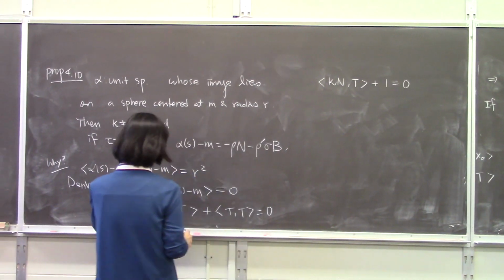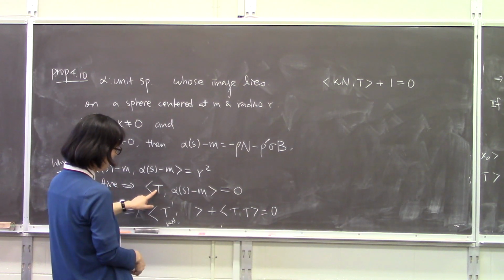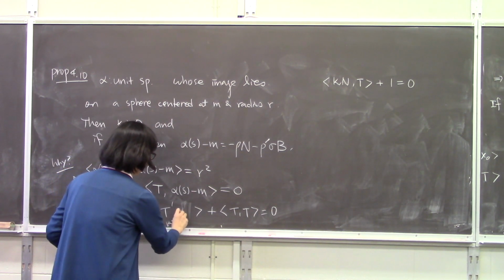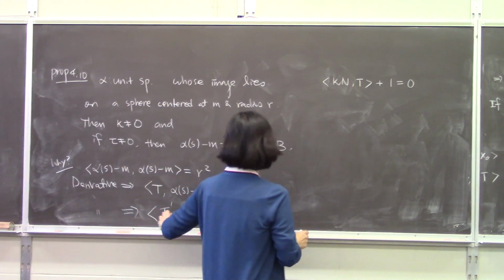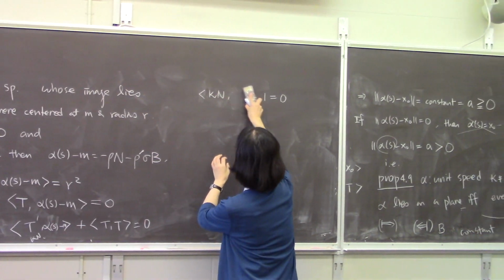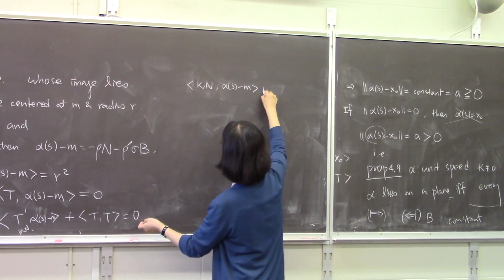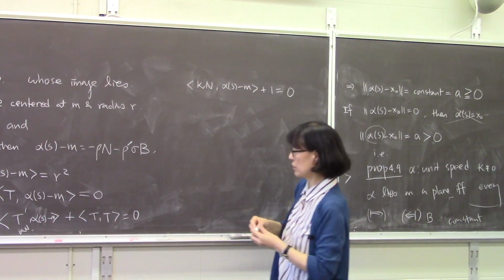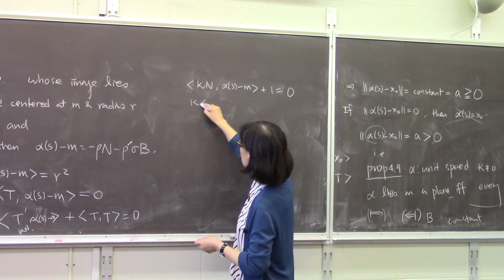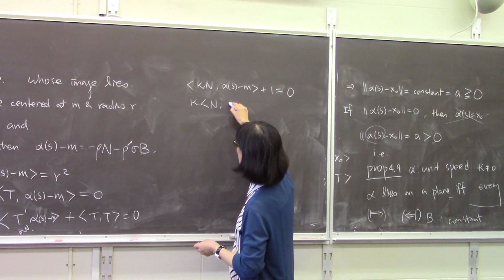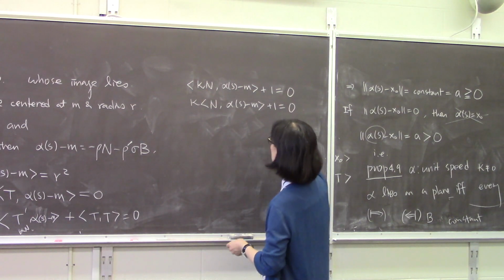Take the derivative of this. What should be there? Derivative of that? Yes. Alpha minus m. So t prime is, this is right. We have t prime dot alpha(s) minus m plus 1 equals 0. So for that, we can take out kappa: kappa n dot alpha(s) minus m plus 1 equals 0.